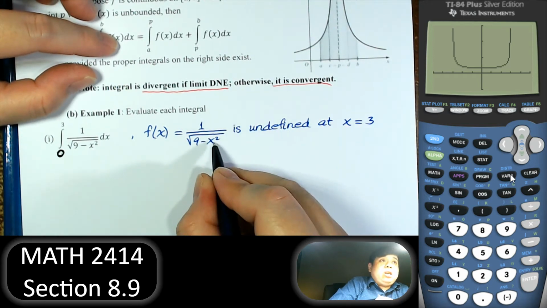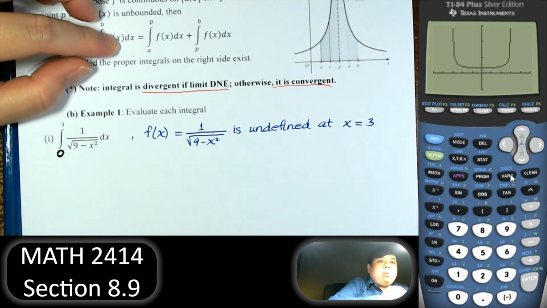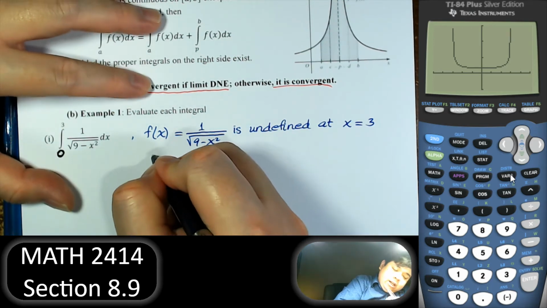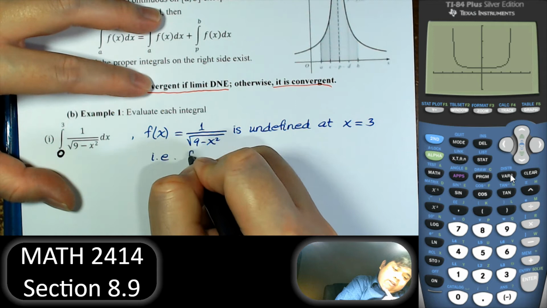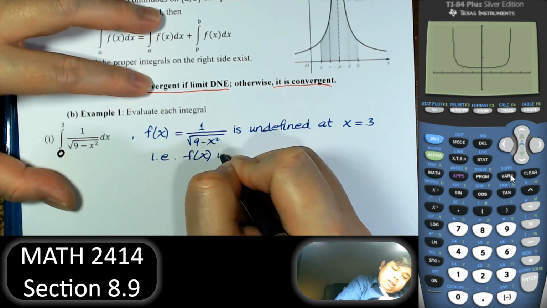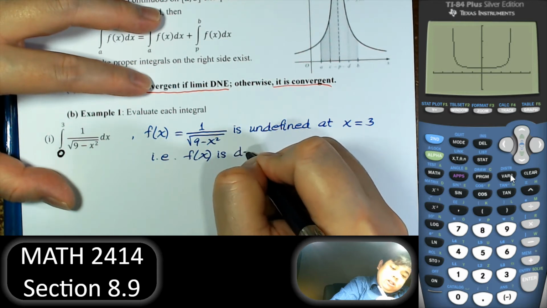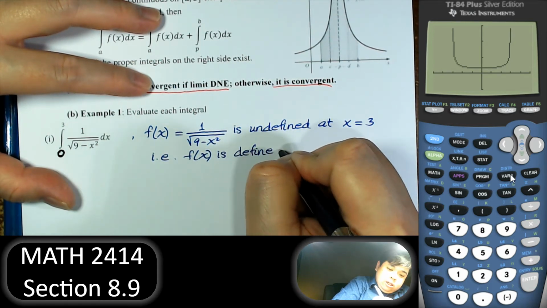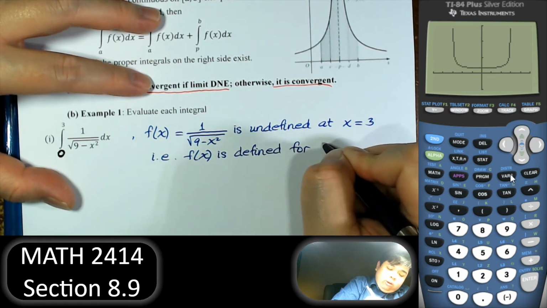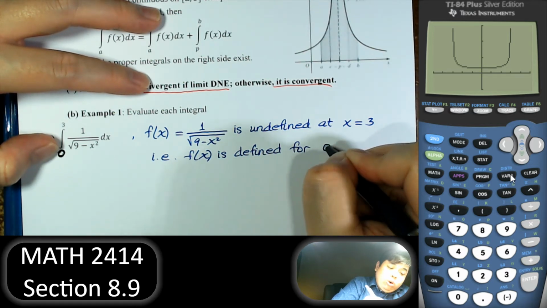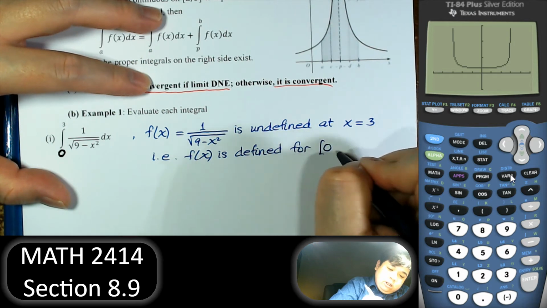Because 3 squared is 9, 9 minus 9 is 0, and dividing by 0 is undefined. So in that case, we say f of x is defined and continuous only for x less than 3. For this problem, we only care about from 0 to 3.